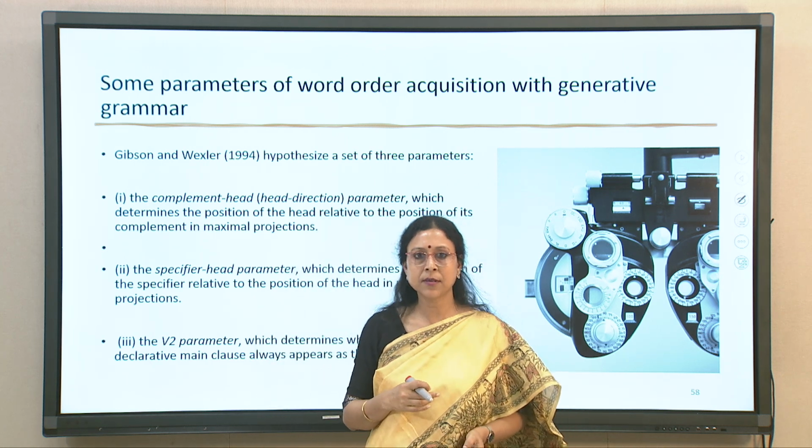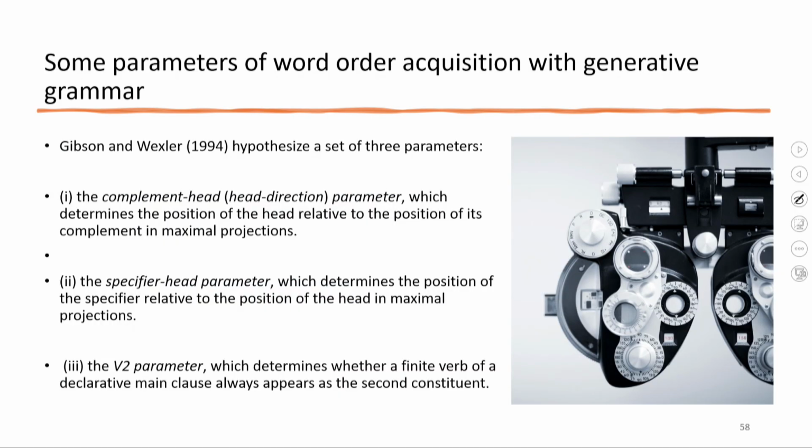Some other parameters of word order acquisition have been proposed as well. That is the complement head parameter, then we have the specifier head parameter, and then we have the V2 parameter. This was proposed in 1994. These are some of the well known parameters that have been proposed. The complement head or head direction parameter determines the position of the head relative to the position of its complement in maximal projections.